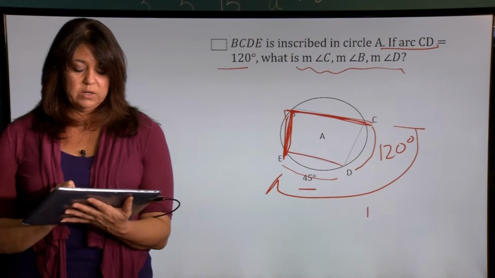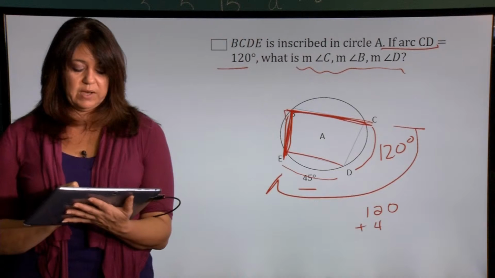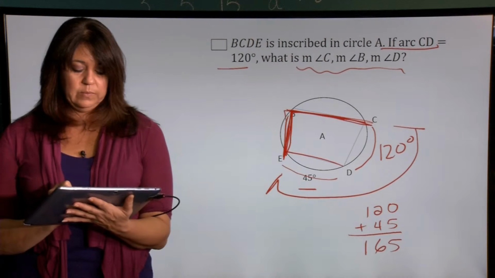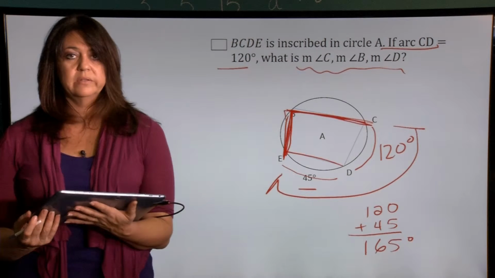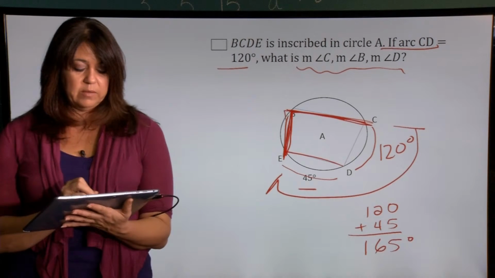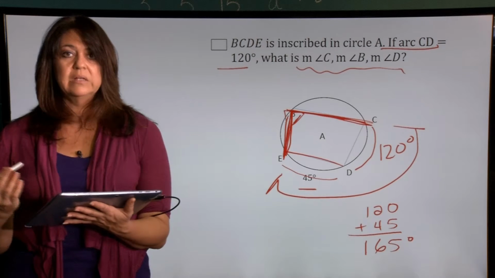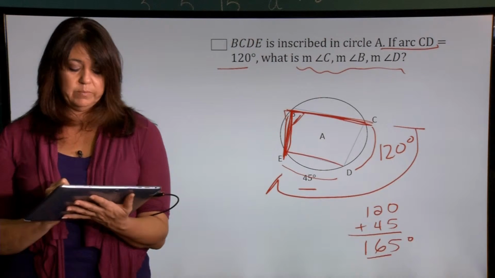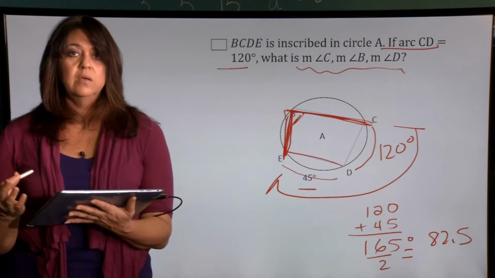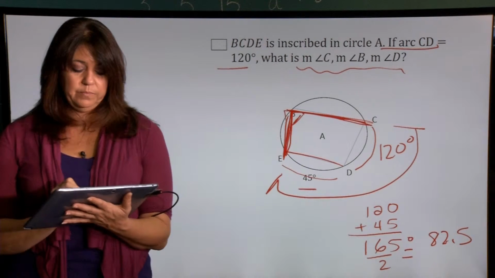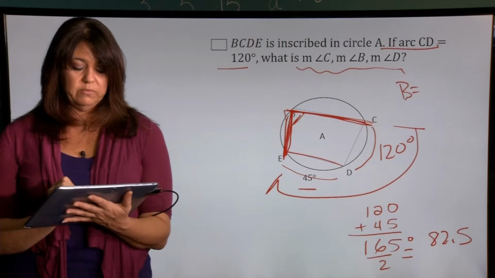So if I add 120 plus 45, then I can see that arc CDE is 165 degrees. That means that angle B is half of that. So divide by 2. The measure of angle B is 82.5.